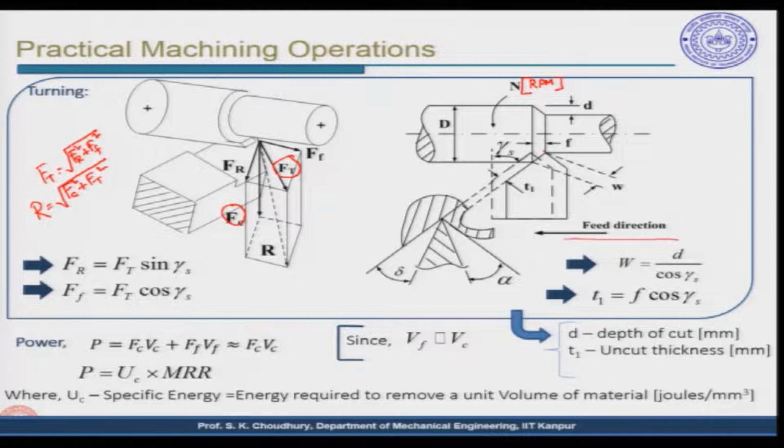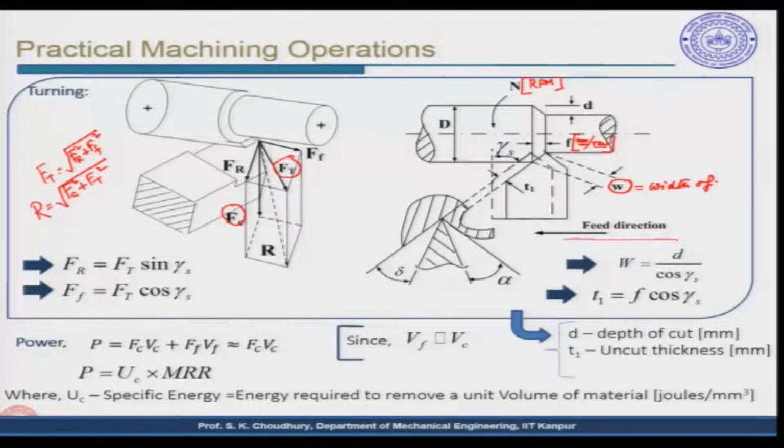So, this distance, the advancement of the tool per revolution of the workpiece, is given as the feed. Therefore, the feed unit is millimeter per revolution: how many millimeters the tool has moved with one revolution of the workpiece. This is the width of cut.